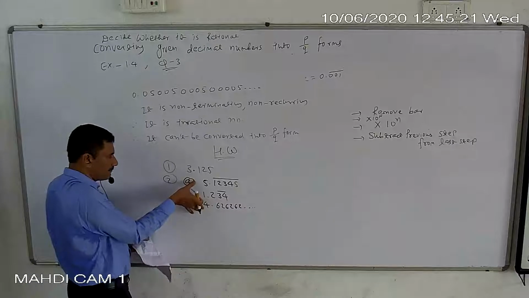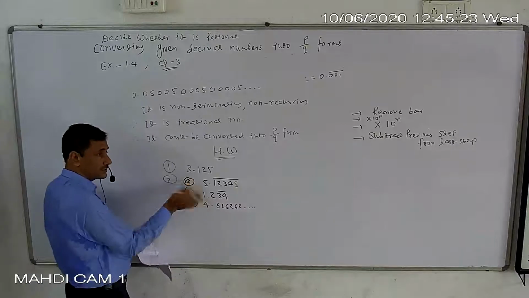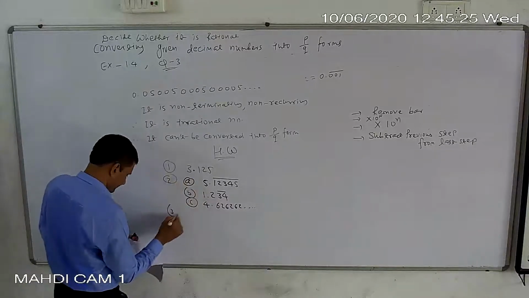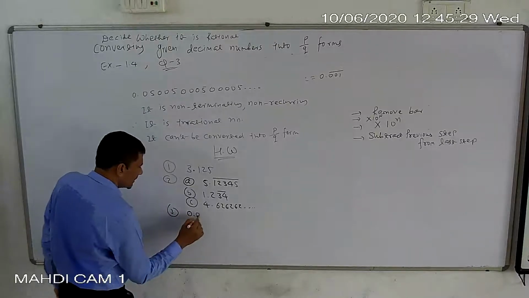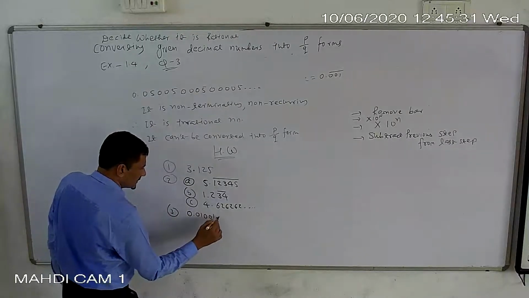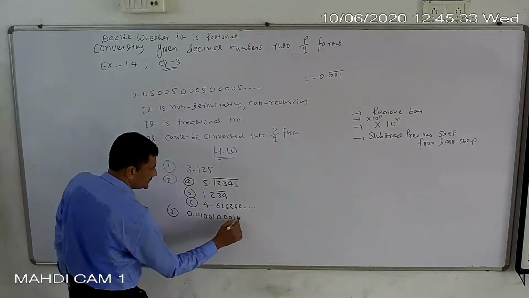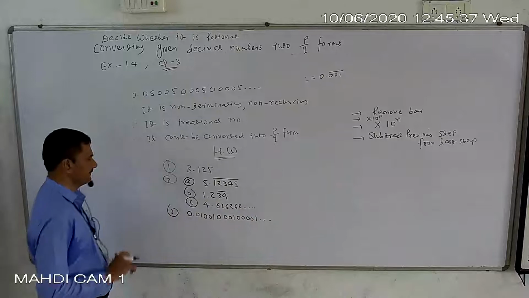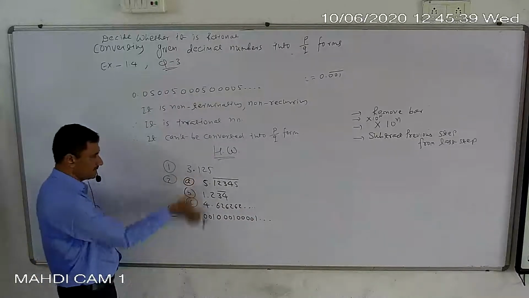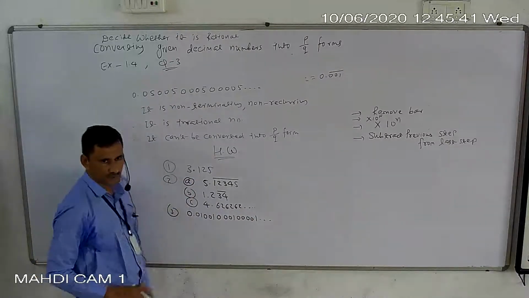So 3 are of the main type, non-terminating recurring. Now third, 0.01001 and 401 like this, randomly. Okay, so these 5 sums are in the homework.